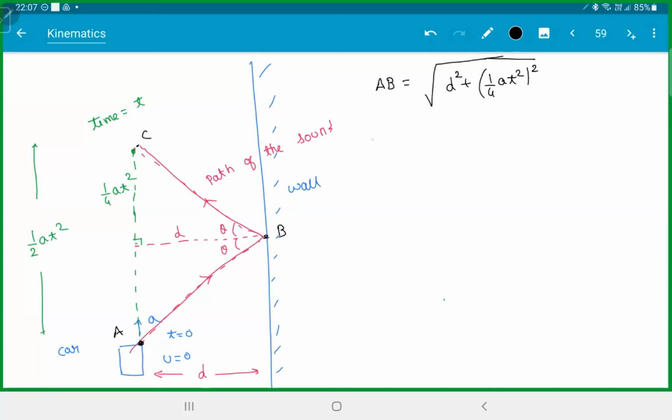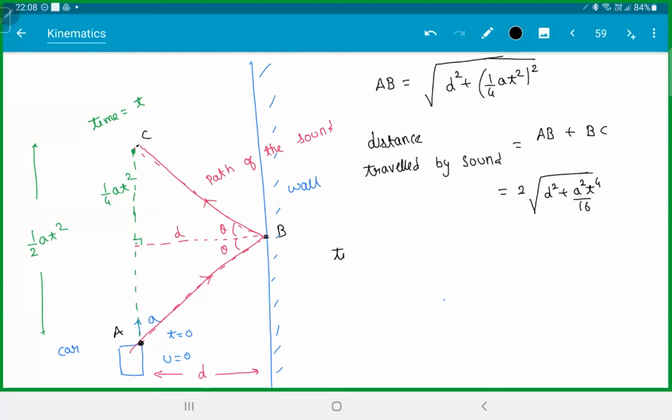So the total distance traveled by the sound will be AB plus BC, which is nothing but 2 times root over d square plus a square t power 4/16.